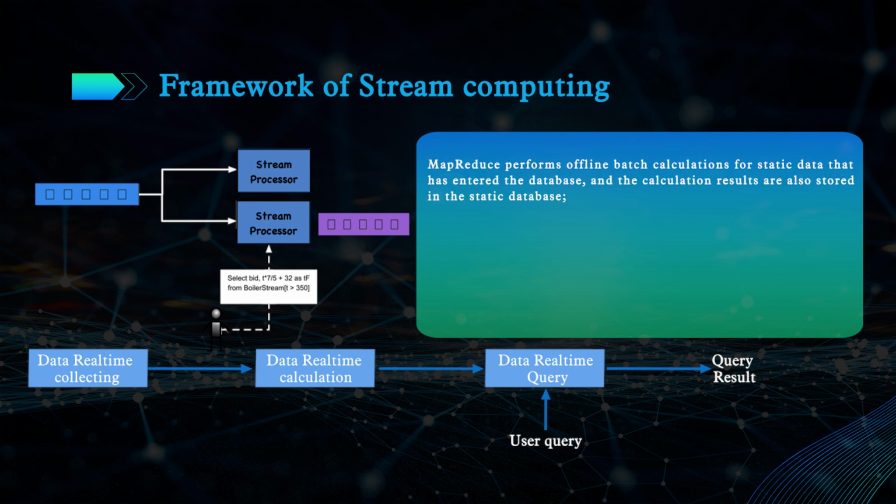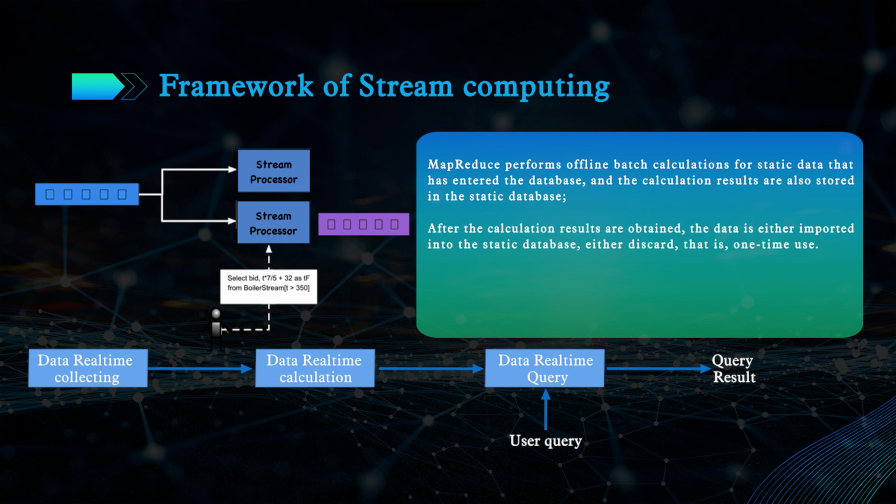MapReduce performs offline batch calculations for static data that has entered the database, and the calculation results are also stored in the static database. While stream computing is real-time analysis and calculations for dynamic continuous data streams.